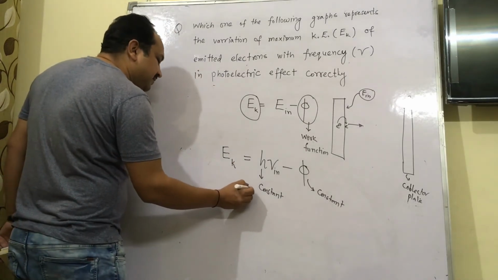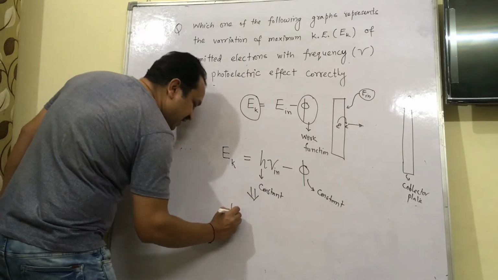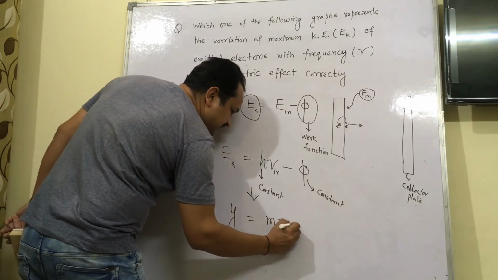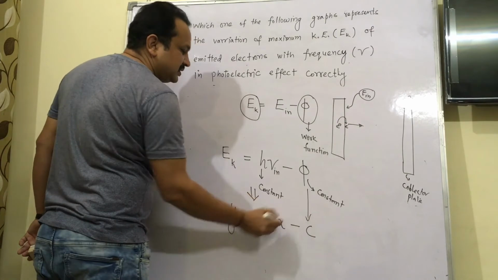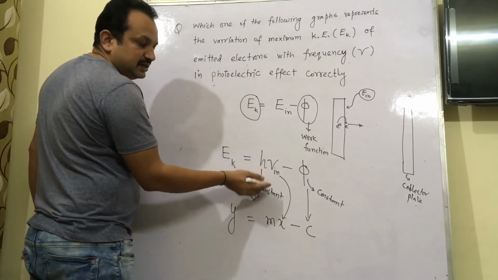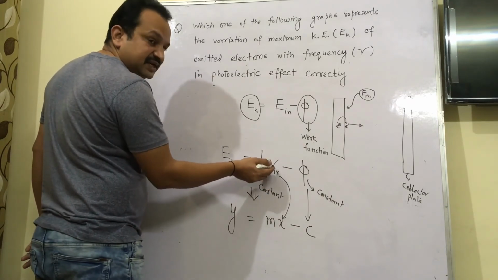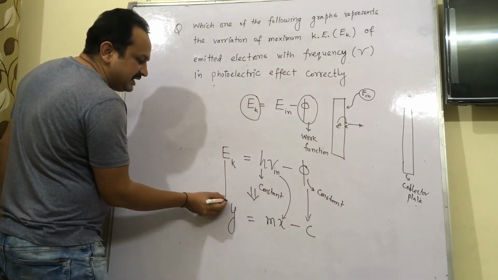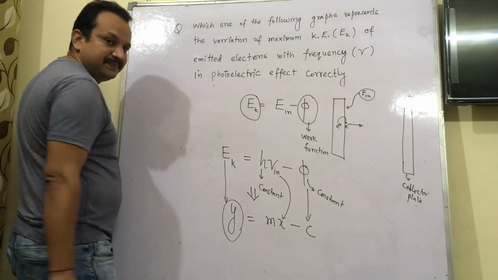If we compare this equation with y is equal to mx minus c, this is the constant. Again, x represents the frequency of the incident photon, and E_K, the kinetic energy, is y.